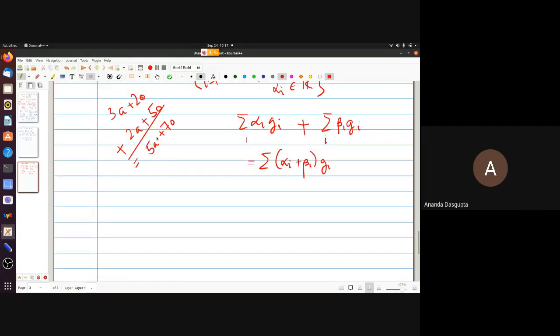Just like when you add the apples, you may not know how to add apples to oranges, but you do know how to add apples to apples and oranges to oranges. And that's all you really do. You just add the apples to apples, add the oranges to oranges, and say, okay, I have 5 apples, 7 oranges. Same here. Similarly, can you multiply this sum of alpha_i g_i by a scalar lambda? Of course you can.